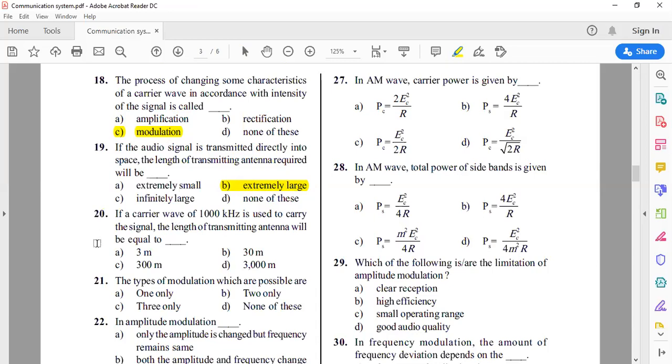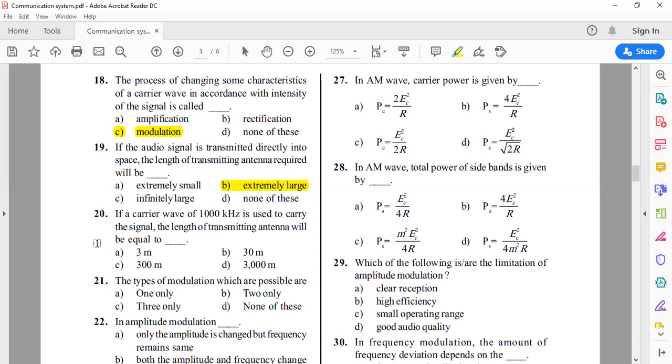Question number 20. If the carrier wave of 1000 kilohertz is used to carry the signal, the length of the transmitting antenna will be equal to. So by using the formula lambda is equal to C upon nu, we get L is equal to C upon 4 nu.